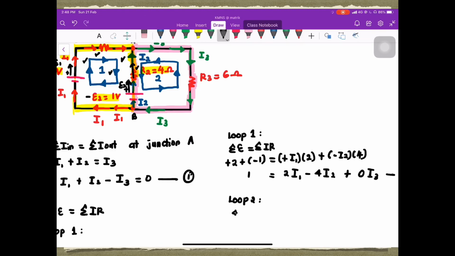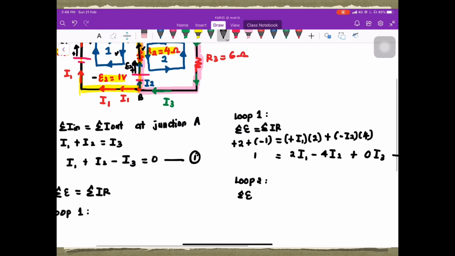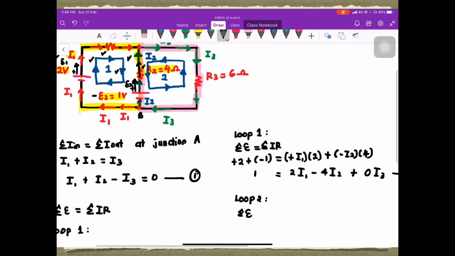Sum of EMF: how many EMF for loop 2? Only 1, only E2. Compare with the nearest loop: different, since this arrow is downward but this is upward.